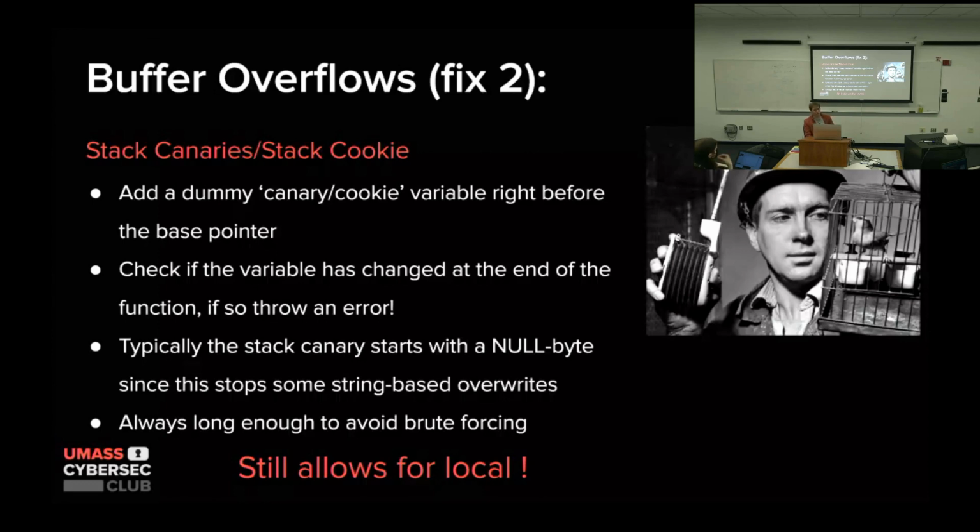This is mostly stopping execution jumping, right? This is not a fix for overriding local variables, because if you have another local variable right below the canary, you can still corrupt it, right? Canaries just check for program execution changes.